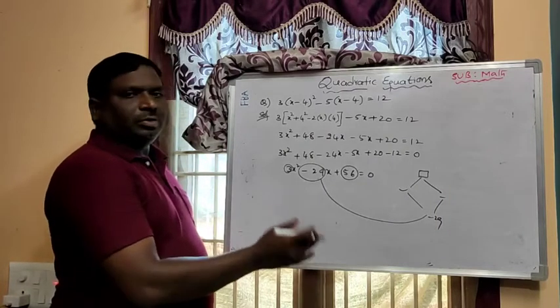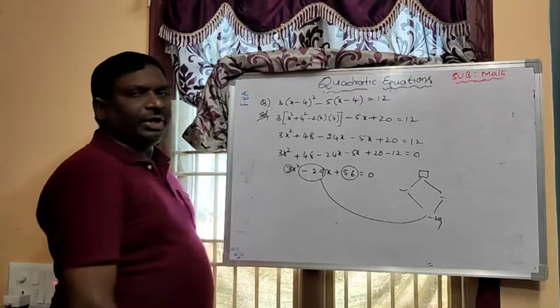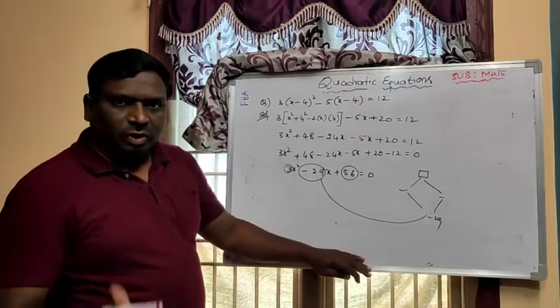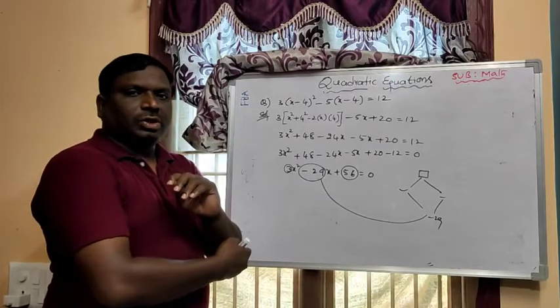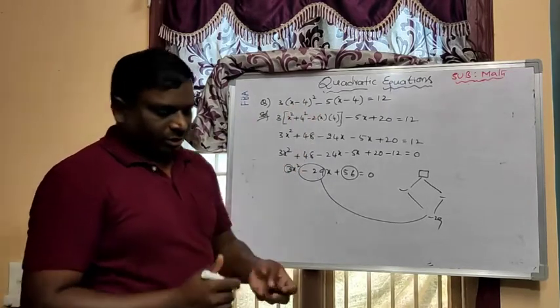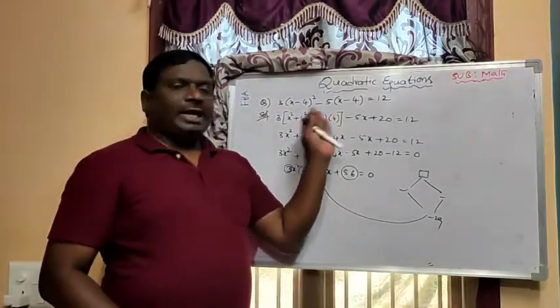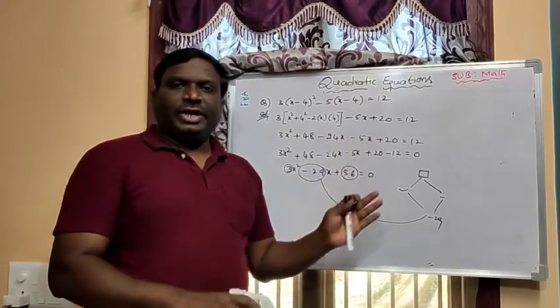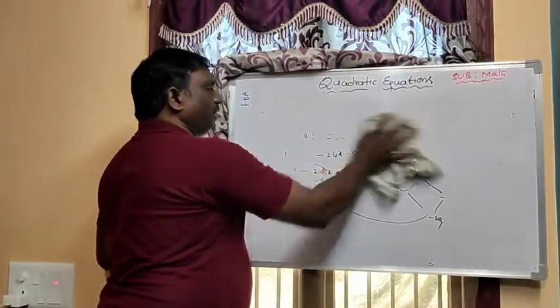As we did in the last two sums, similarly we can find the solution. Finally you will get two linear factors, an x value and another x value. Those two are the solutions for the given quadratic equation. So this is one of the models. When they give a direct quadratic equation, we need to find the factors by using the factorization method.